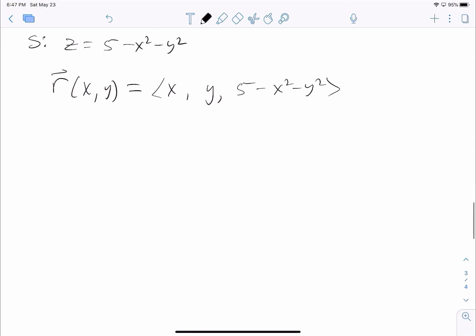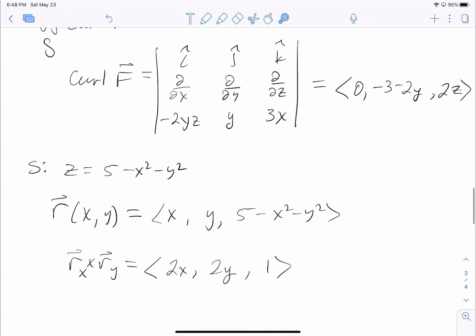We can either find the cross product directly, or remember that r_x cross r_y is going to be the negative partial of g with respect to x, and so 2x, comma, the negative partial of g with respect to y, and so 2y, and with an upward orientation, we want the k component to be 1.